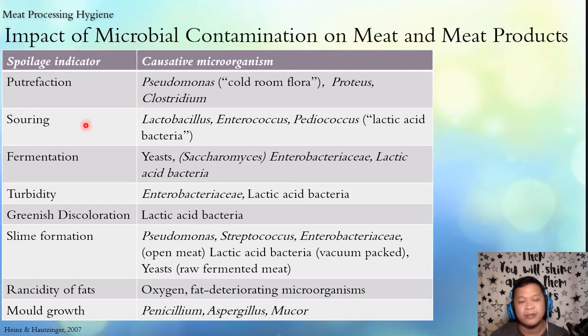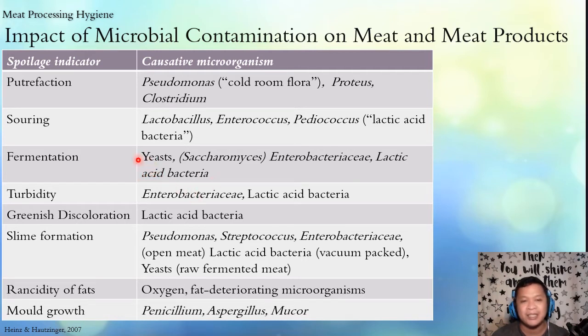For souring, of course, obviously those are the ones producing acids, like Lactobacillus, Enterococcus, and Pediococcus, collectively referred to from here on as the lactic acid bacteria. So, it is not just Lactobacillus, it is our lactic acid bacteria. For fermentation, then obviously there are yeasts, Enterobacteriaceae, and certain LABs, which of course cause fermentation to produce acid.